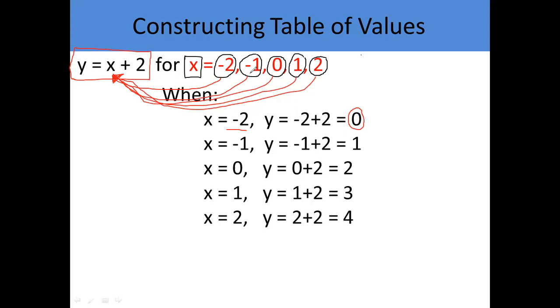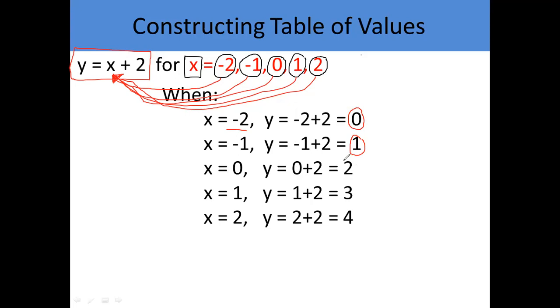And when x is -1, we replace x with -1 in the equation x plus 2. So -1 plus 2 equals 1. Therefore, when x is -1, y equals 1. When x is 0, we replace x in x plus 2. 0 plus 2 equals 2.